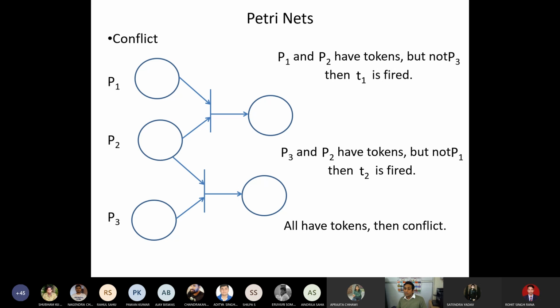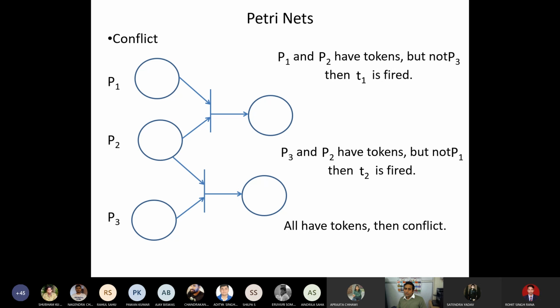Now, what will happen if we have tokens in all three input places? Now there will be a conflict. If all of these input places have tokens, then there will be a conflict. How is it a conflict?